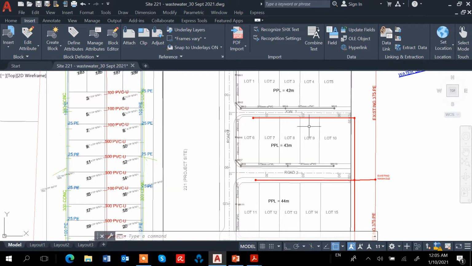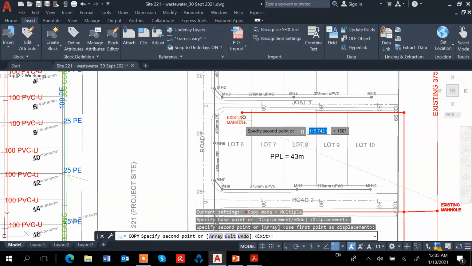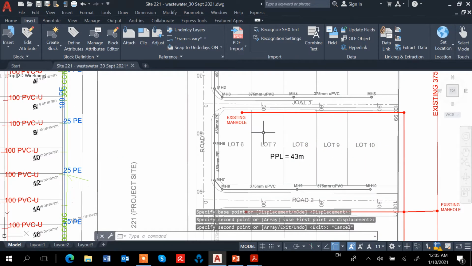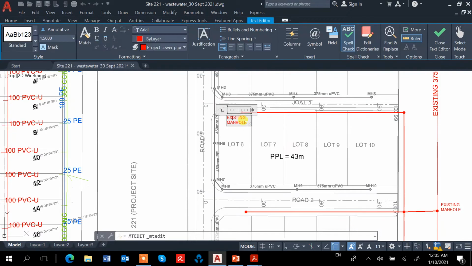So anyway, I'm just going to borrow this. For the manholes for the sewer line, I'm going to put WMH1. Oh, I need to put capital WMH1.